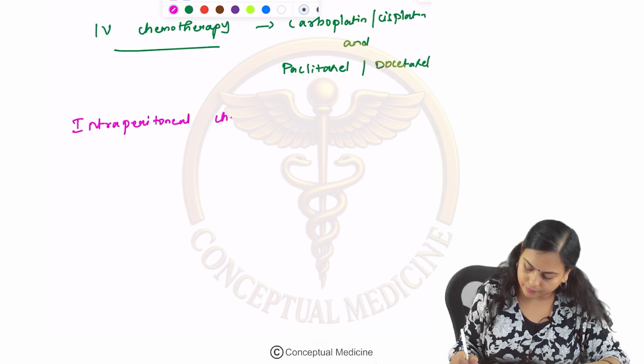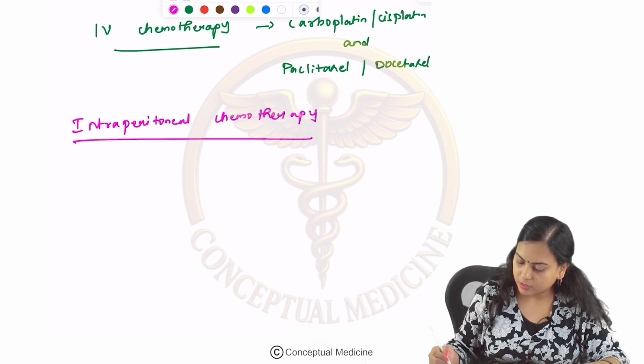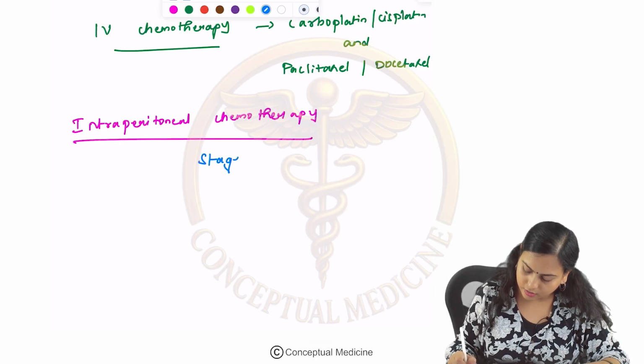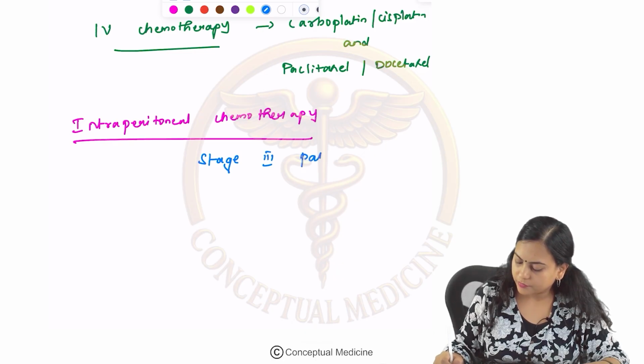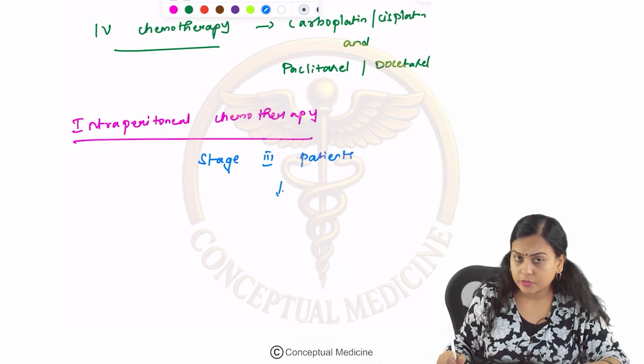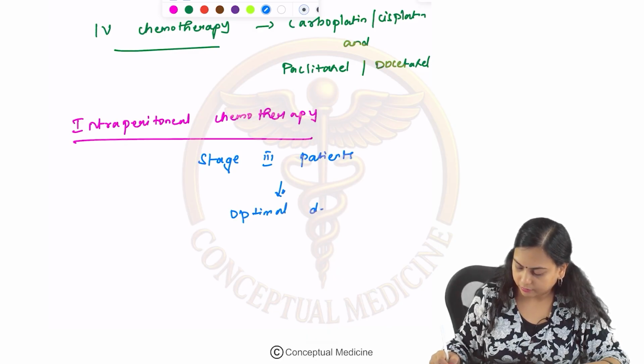Okay. Next one is intraperitoneal chemotherapy. So this is mostly given for stage 3 patients after you do optimal debulking. So what is optimal debulking?